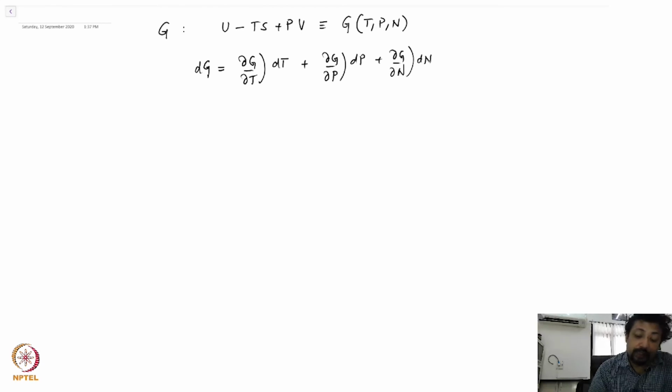Right. So then dG is also dU minus TdS minus SdT plus pdV plus Vdp.